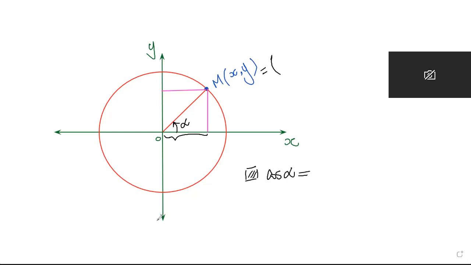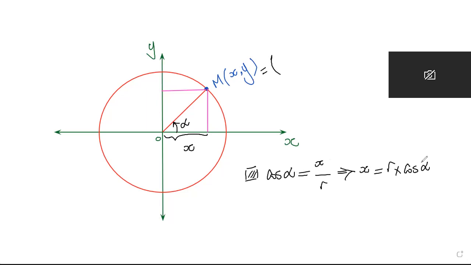What was the cosine of alpha? It was essentially the adjacent, which is x, over r. As a result, the x coordinate of this flying mosquito is essentially r times cosine of alpha.